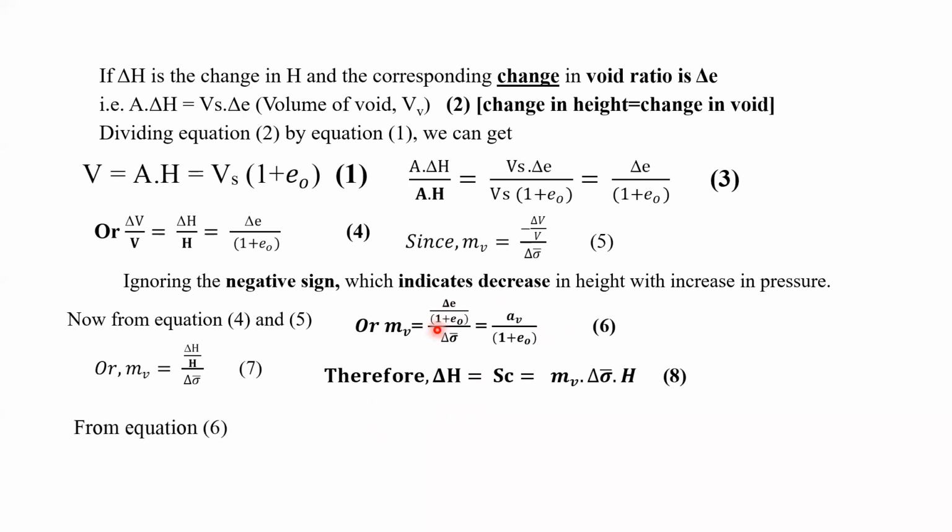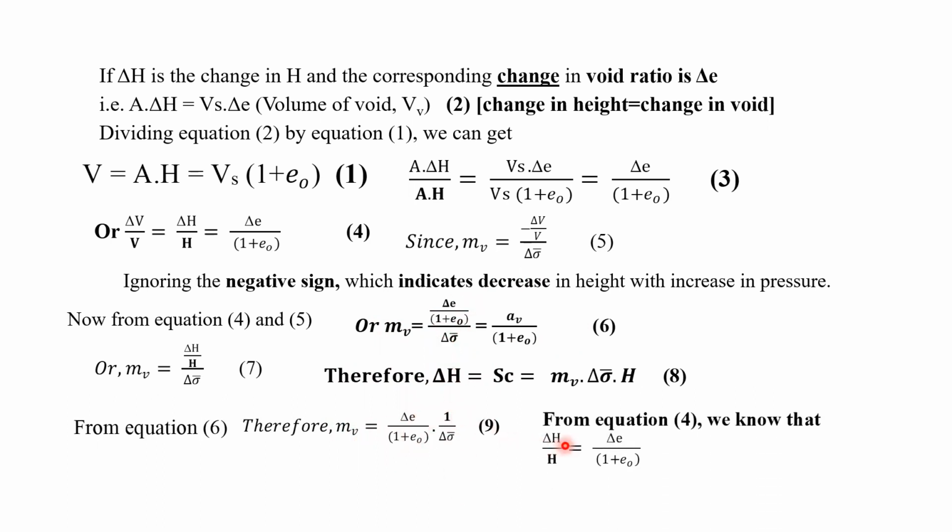Now from equation 6, what we can write, mv is equal to delta e by 1 plus e0 into 1 by the change in effective stress. From equation 4, we know that delta H by H is equal to this much, okay?